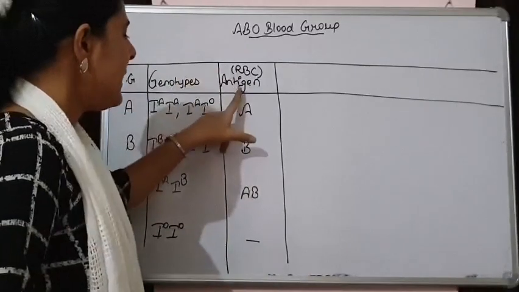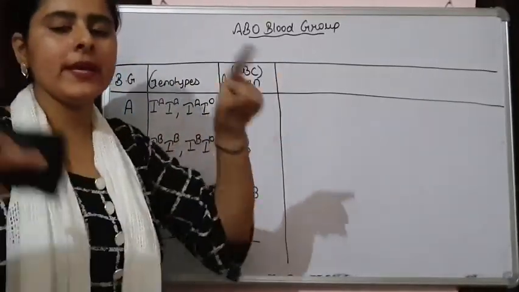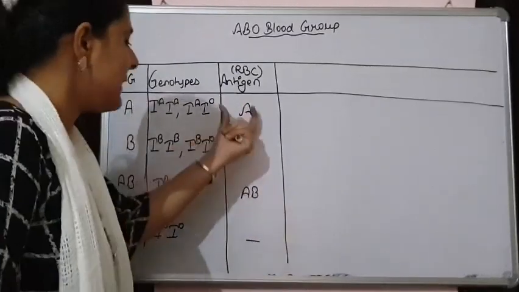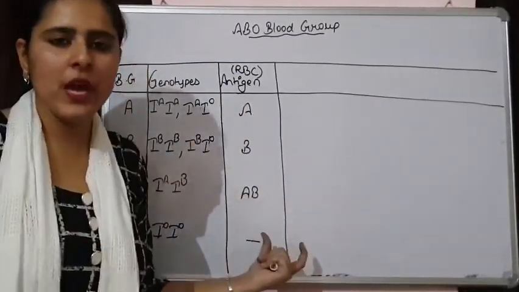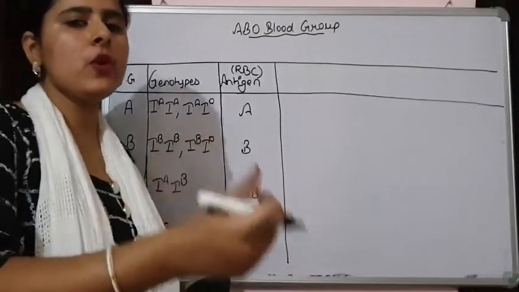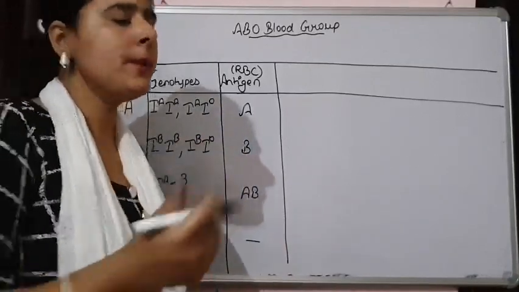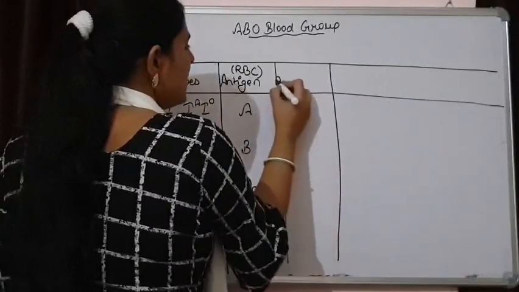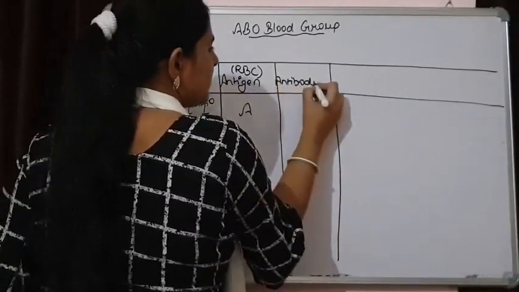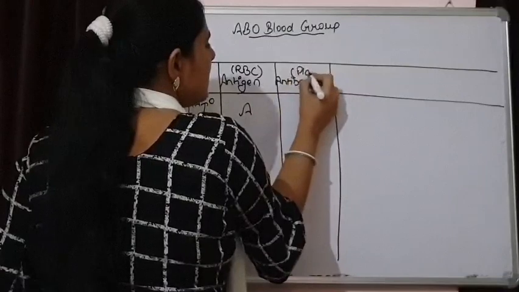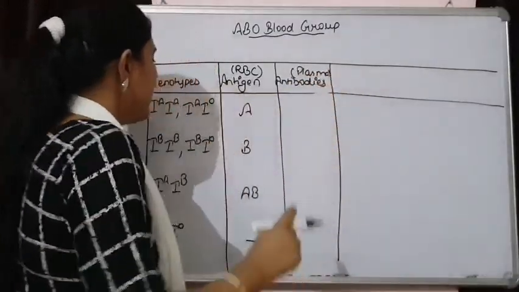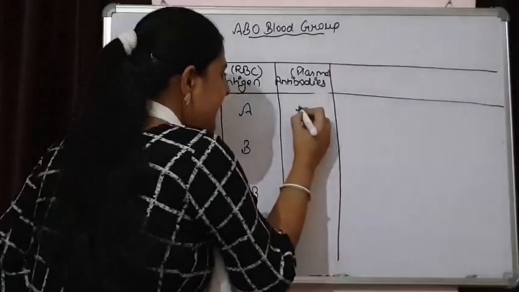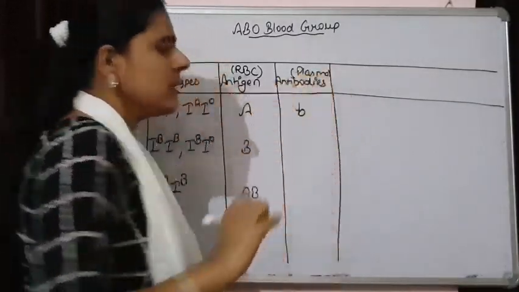Now, antigens are present on the surface of RBC, and we know antibodies are present in the blood plasma. For antigen A, anti-B will be present in the blood plasma.